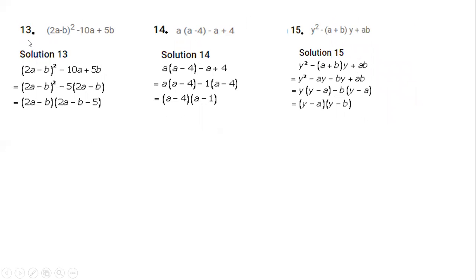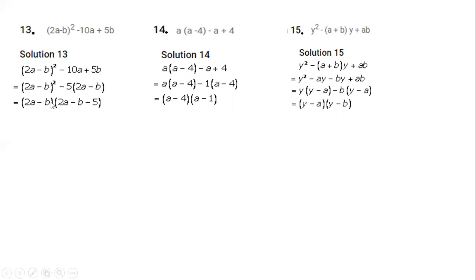Come to question number 13. 2a minus b whole square minus 10a plus 5b. See, the values 10 and 5. 5 is the common factor of these two. So take out that 5 common. Here the 2a is having positive sign, b is having negative. So also take negative common from these two. Then we are left only with 2a minus b whole square.